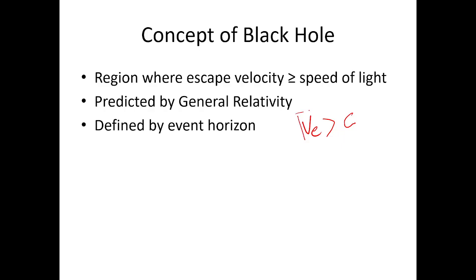This is the condition for that region, which is called a black hole. If the escape velocity of a body from that region, near the singularity, becomes greater than the speed of light, then that region is called a black hole, or that body is called a black hole.